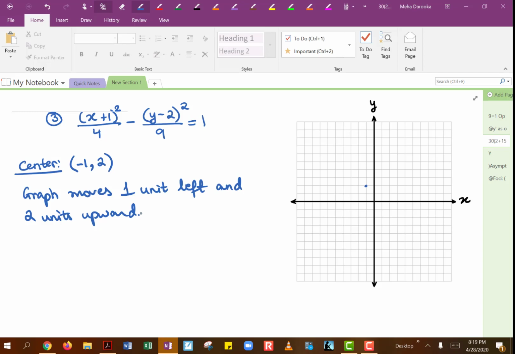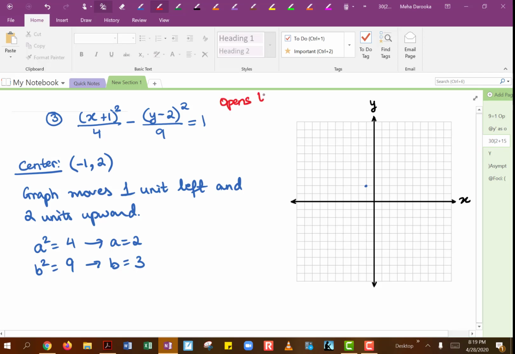Our a squared value is 4, which means a is going to be 2. Our b squared value is 9, which means b is going to be 3. Now, x is still the first variable you see in your equation, so this still tells us that our graph will open left and right.